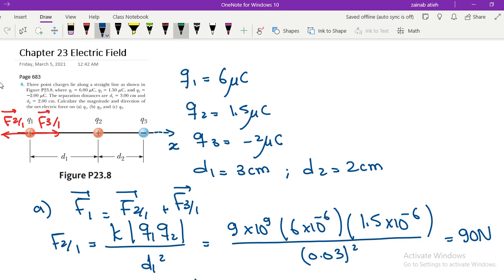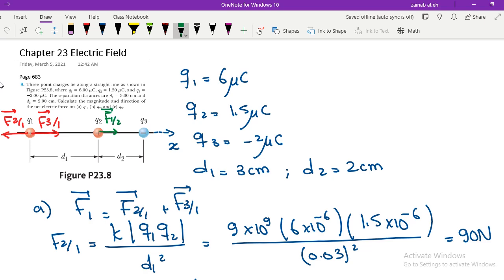So the force exerted by 1 on 2 will be like this. This is F exerted by 1 on 2.